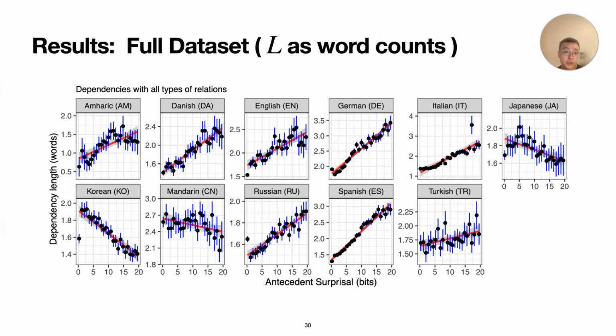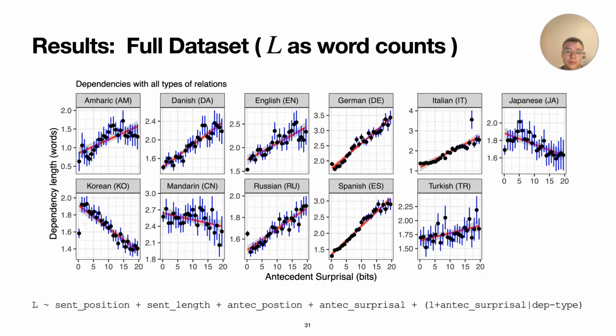Here's the result on the full dataset, with dependency length measured as word counts. A visual inspection shows that for most of the languages, there is a positive correlation between dependency length and antecedent surprisal. In order to know whether this effect is statistically meaningful, we ran linear mixed effect models on dependency length for each language.